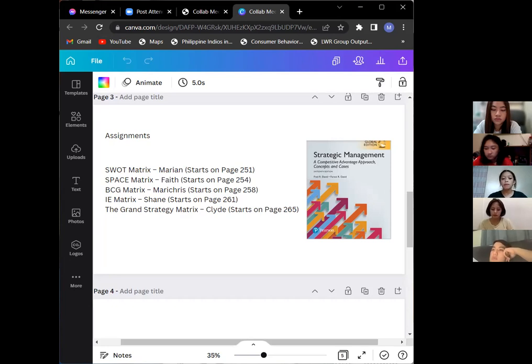And so that being said, the IE matrix is following two different criteria. First, the score from the EFE matrix is plotted on the y-axis, and the score from the IFE matrix is plotted on the x-axis. So the IE matrix works in a way that you plot the total weighted score from the EFE matrix on the y-axis and draw a horizontal line across the plane.